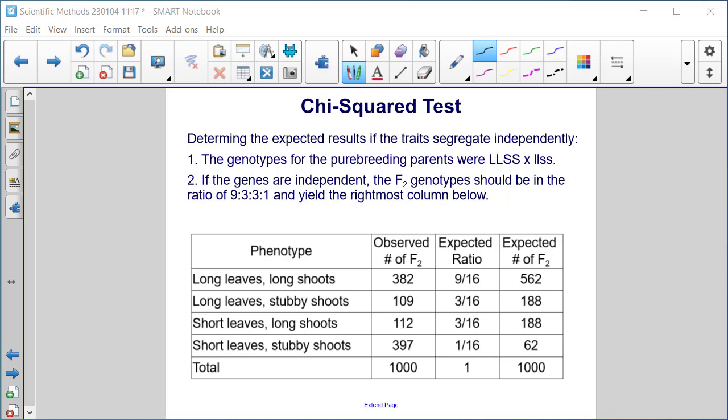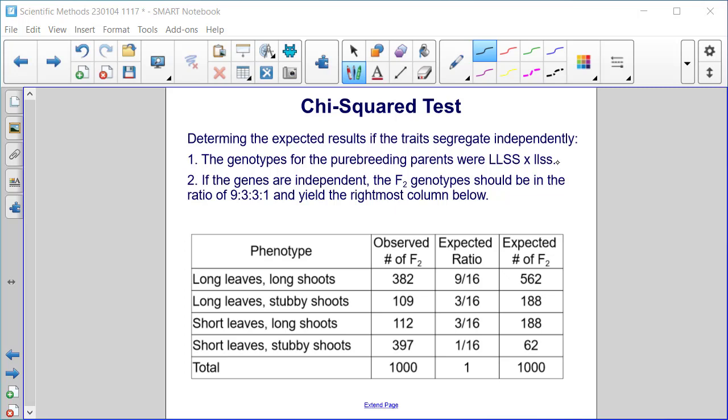The genotypes for the pure breeding parents were dominant for long leaves and long shoots, and recessive for short leaves and stubby shoots. If the genes are independent, the F2 genotypes should be in the ratio of 9:3:3:1 and yield the rightmost column below.